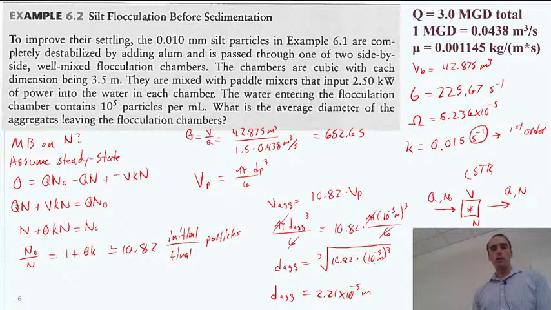Now, we had 1 times 10 to the minus fifth meters for the original, right? So the diameter changed by a factor of about 2.2. So 2.2 times larger means they will sediment faster, and perhaps that's good enough for the problem.